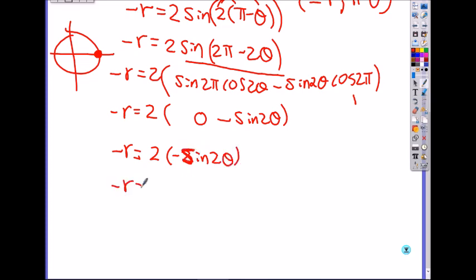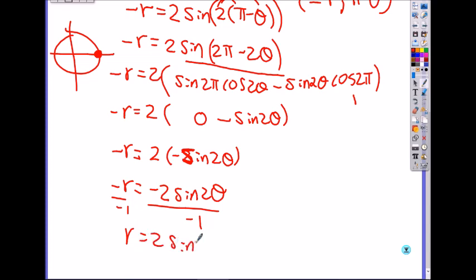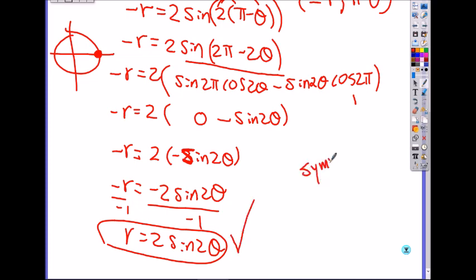So negative r equals negative 2 sine of 2 theta. What can I do if both sides are negative? You can divide by negative 1. So I get r equals 2 sine of 2 theta, which is the exact same as the equation given, isn't it? So you put a big check. So yes, this one is symmetric about the x-axis, or what's the x-axis? It is the polar axis.